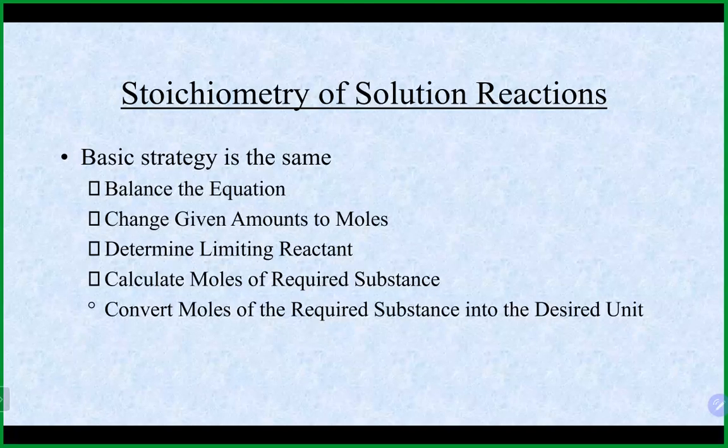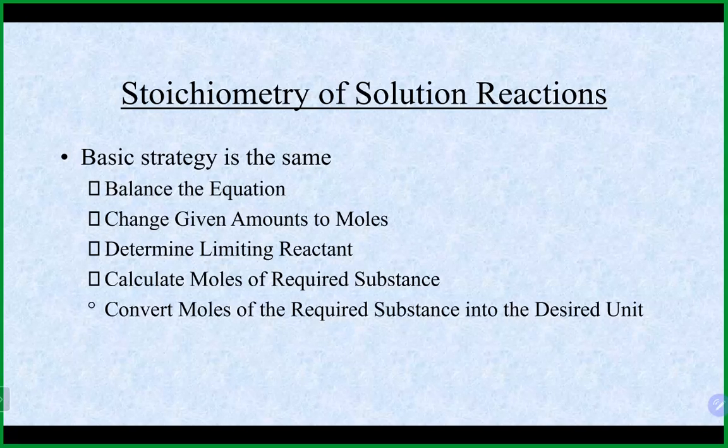You need to convert whatever they give you to moles. You need to do the mole-to-mole relationship and then convert those moles to some other unit. In addition, if it happens to be a limiting reagent type problem, you do need to do a calculation to figure out the limiting reagent. And so you can come across a limiting reagent type problem in a solution stoichiometry, just like a regular one.